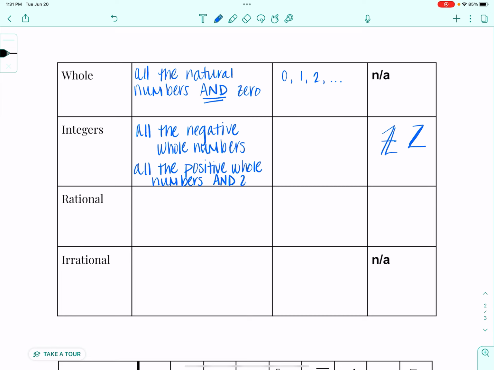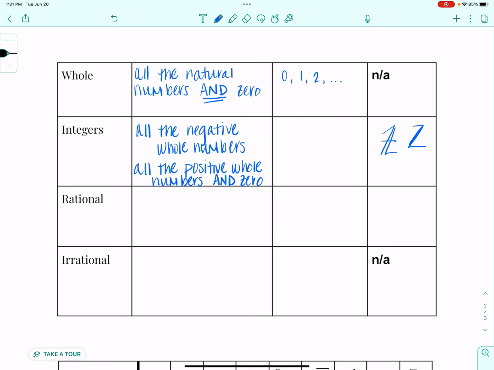And 0. Now, when I say all of the negative whole numbers, this part right in here, technically that's not the way we should say that, but for our purposes, I think it gets the point across a little bit better than some technical math speak might do it. So we're going to go with that.